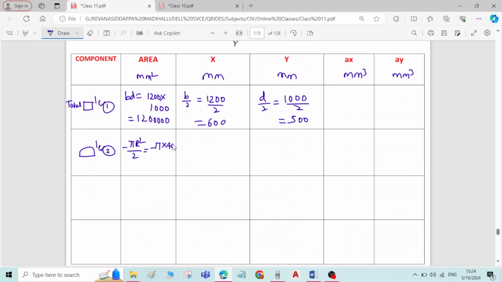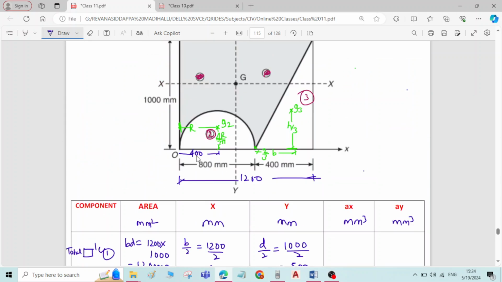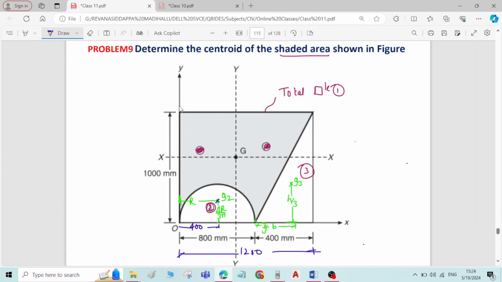Minus pi into 400 square by 2. The answer is minus 251,327.41. Then coming to the x value for the semicircle, meaning the distance of G2 from the reference y axis.